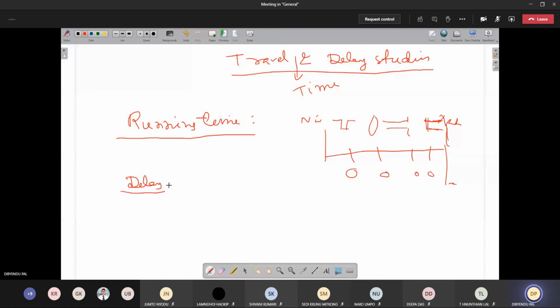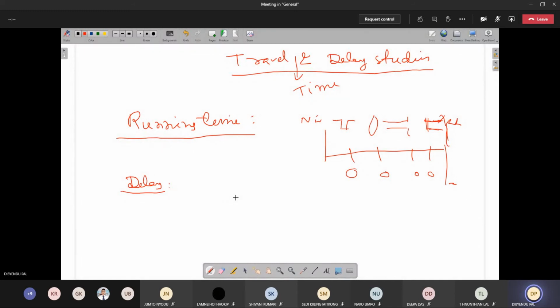What is delay? Delay is the time lost by a vehicle due to reasons beyond the control of the driver. So the driver cannot do anything; if there is a traffic jam, the driver has to stop.